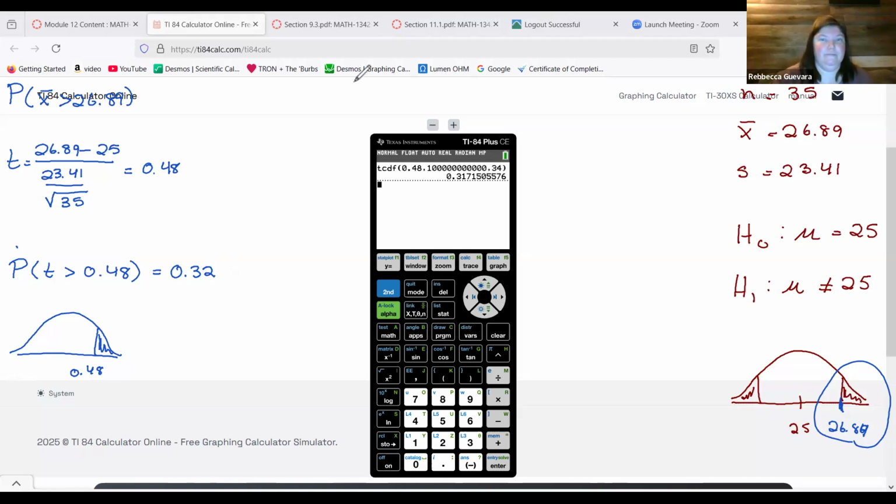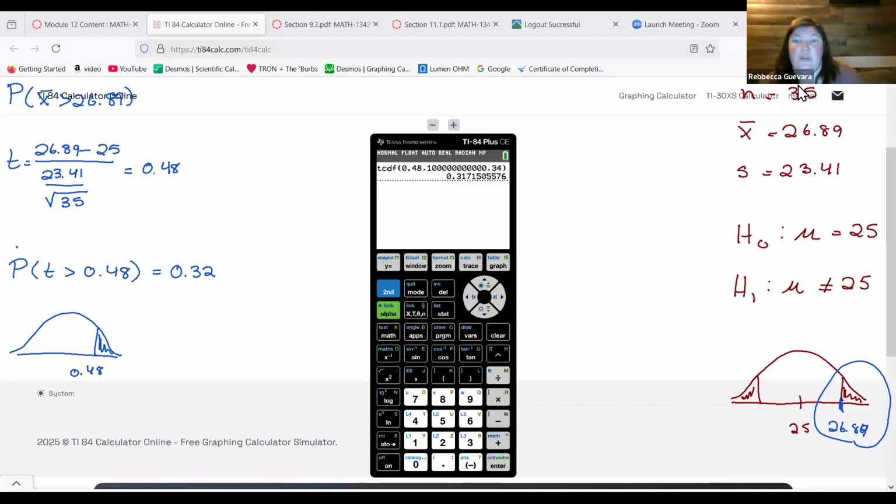I had to go back and check quickly. Our alpha level was 5%. The p-value is actually going to be double that score, because we're doing a two-tailed test. So my p-value is actually going to be double my 0.32.